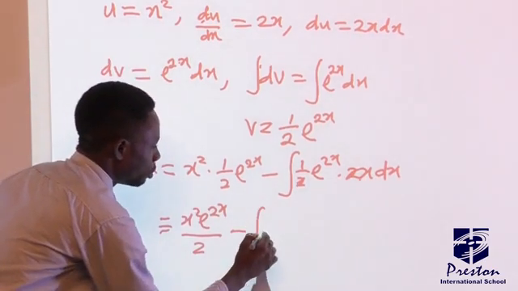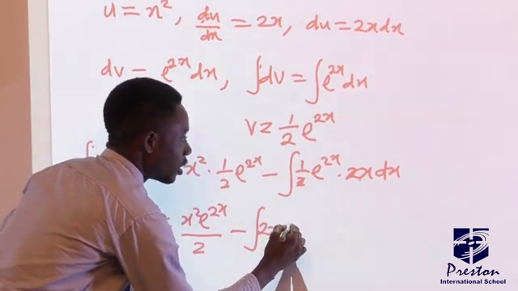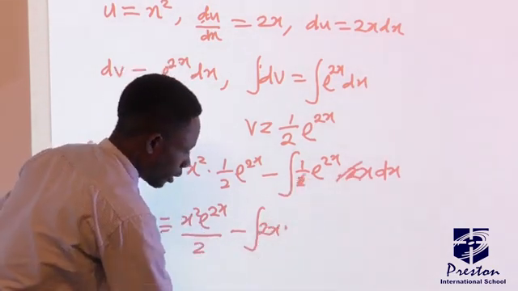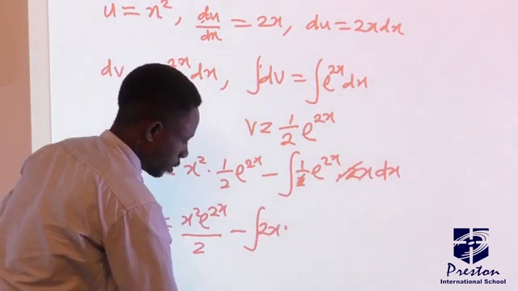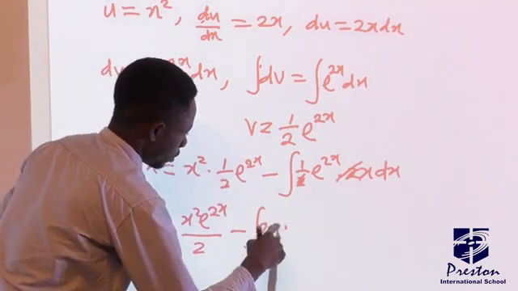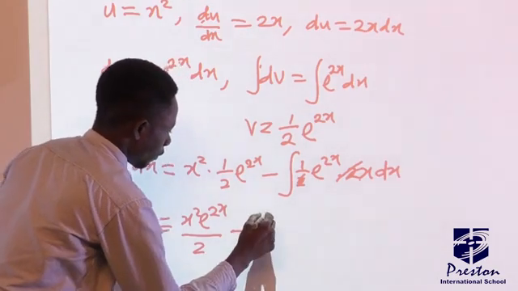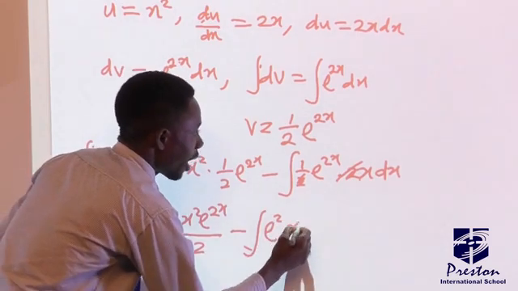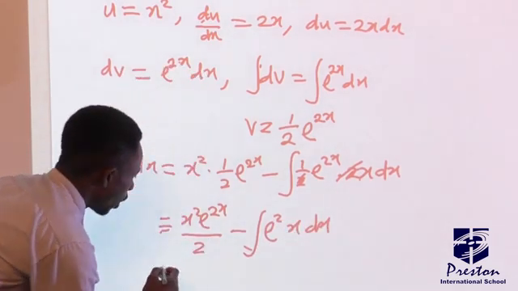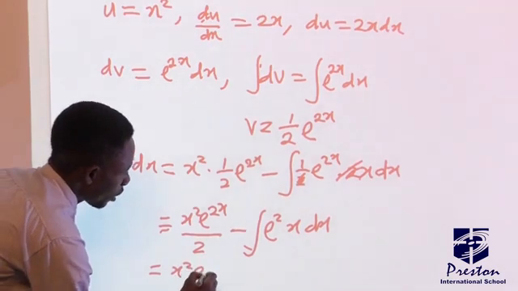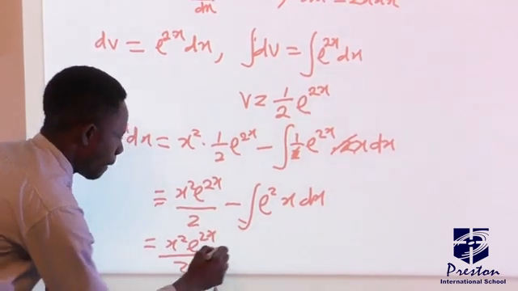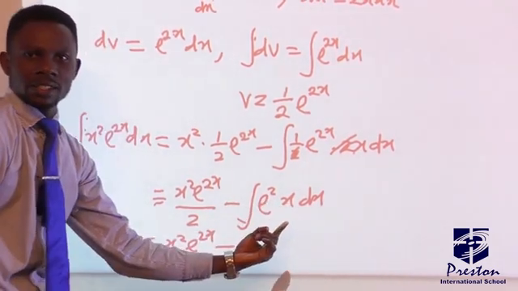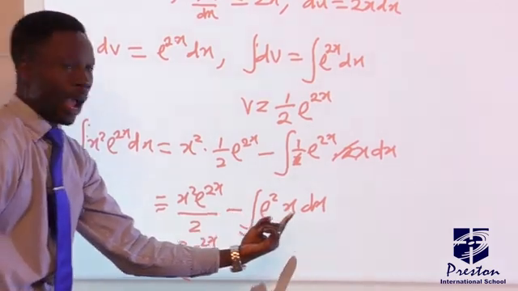We cancel the 2s properly, so these two have cancelled and we are left with e to the 2x x dx. From here we have x squared e to the 2x over 2 minus, and if we are integrating this, we go ahead again with x.